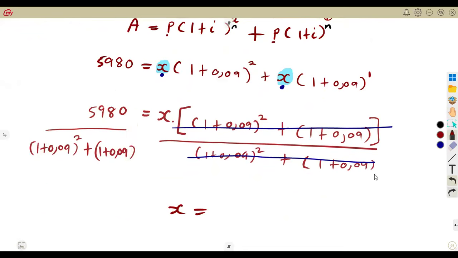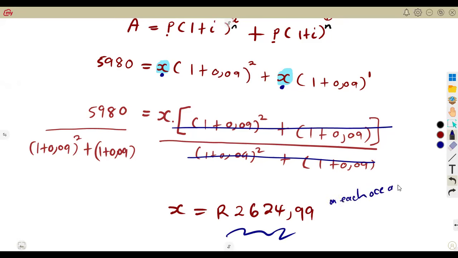This one divided by that on your calculator, guys, you're going to obtain 2,624.99 to 2 decimal places if you use your calculator properly. On each occasion, this is what he is supposed to deposit. And as we are told, he deposited equal amounts.